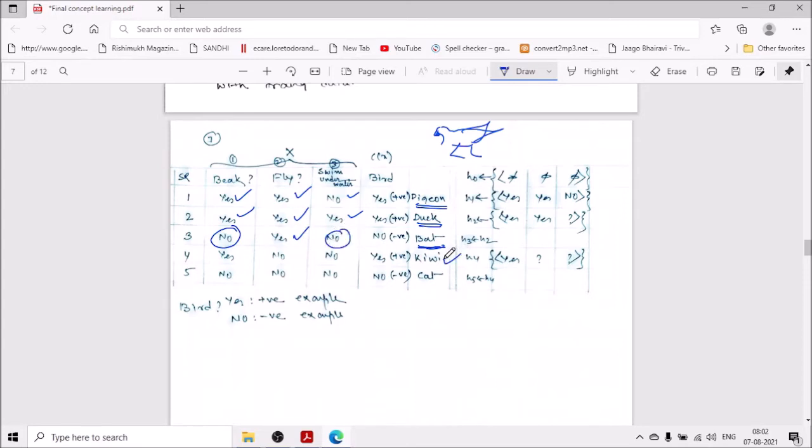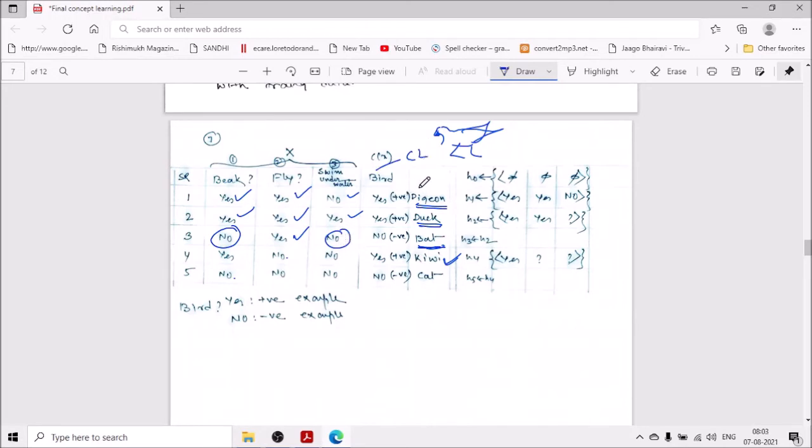If it's a kiwi, a bird, it has a beak, it cannot fly, it cannot swim underwater. And if it's a cat, it doesn't have beak, it cannot fly, cannot swim. So this is what our class label is.